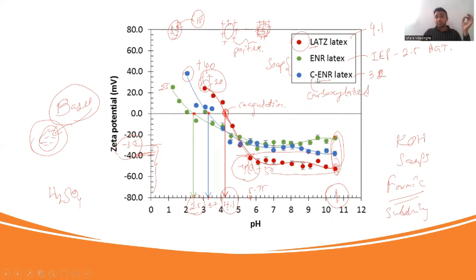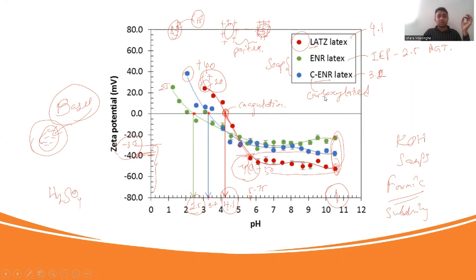But here I want to explain the carboxylated one. It is in blue color. Carboxylated latex has a somewhat high zeta potential value at high pH levels compared to the normal epoxide latex.